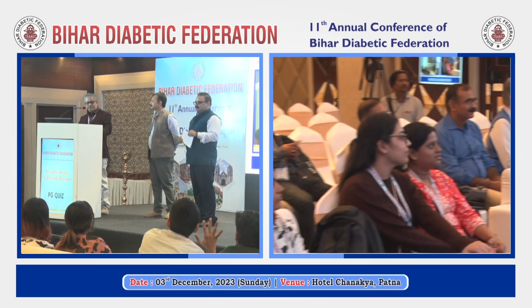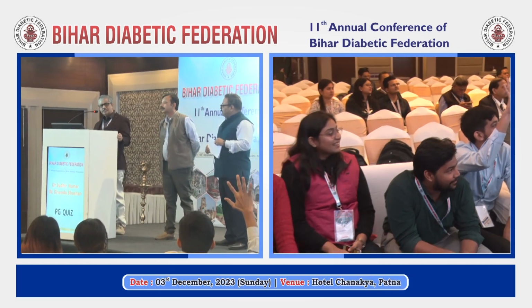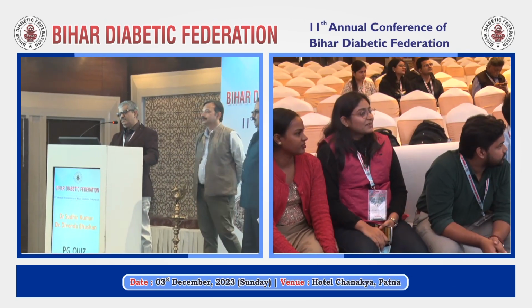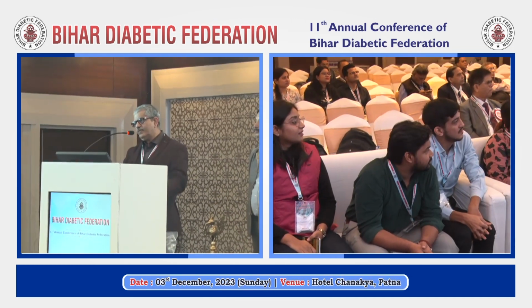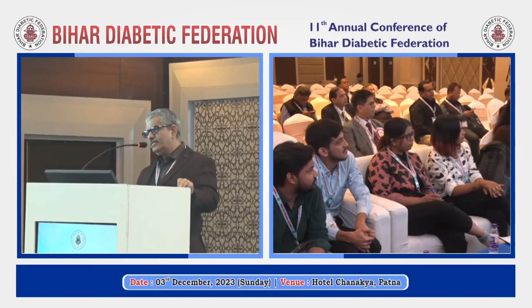How many types? And what's the difference between the two? Genetic and environmental. And what about autoimmunity? How do you diagnose type 1A?